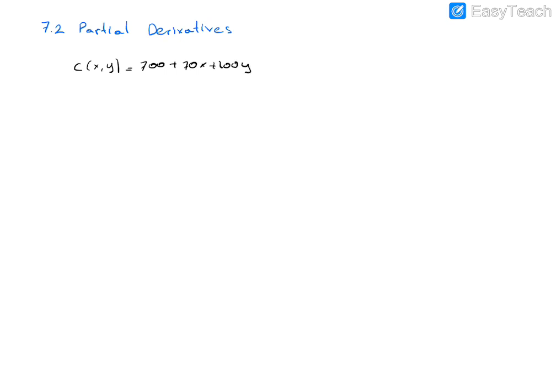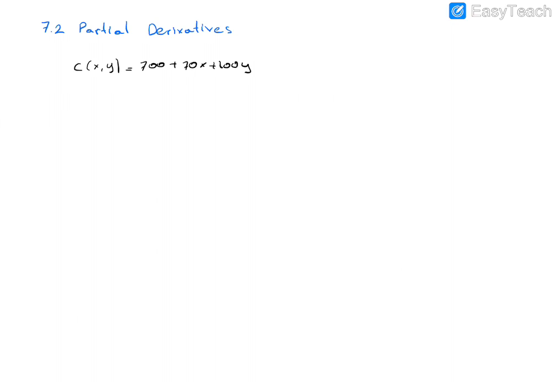Here x represents the demand of the standard surfboard, y represents the demand of the computational surfboard, and 700 is the fixed cost for both surfboards. As I remember, 500 is the fixed cost for the standard surfboard, and 200 is the fixed cost for the computational surfboard.